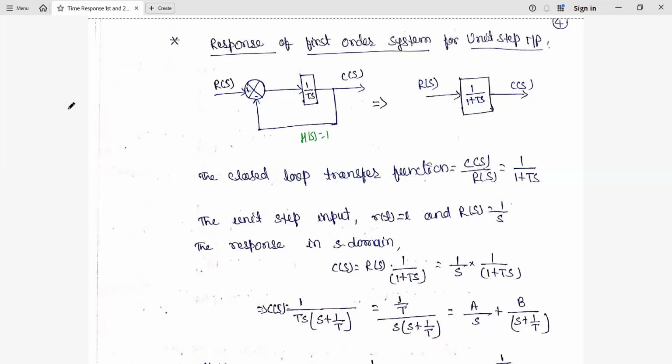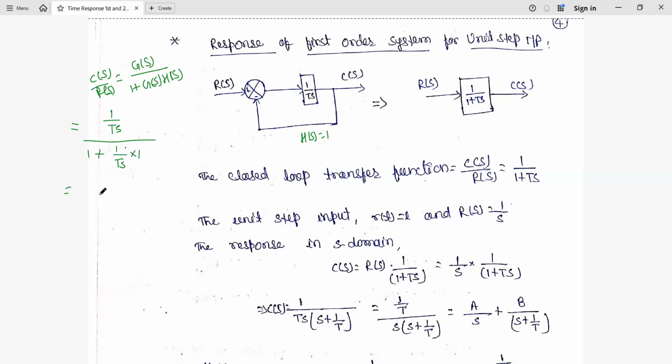So finally, you know that C of s upon R of s equals G of s divided by 1 plus G of s into H of s. So what is the G of s value here? 1 upon Ts, divided by 1 plus, again G of s, 1 upon Ts, multiplied by 1.